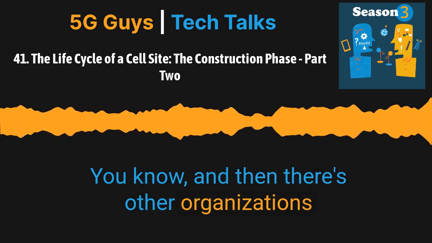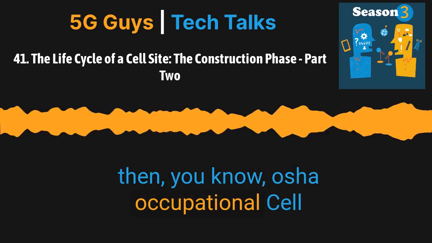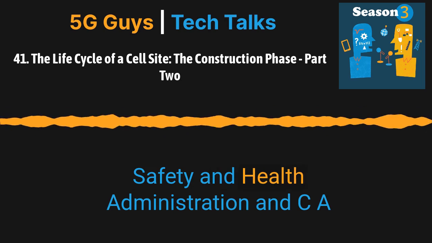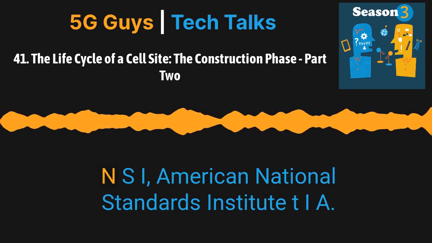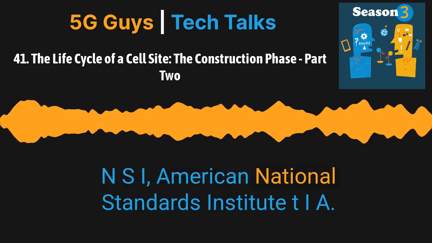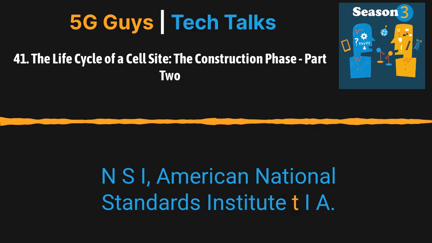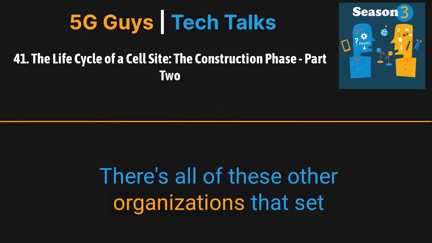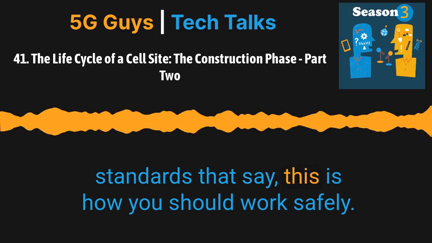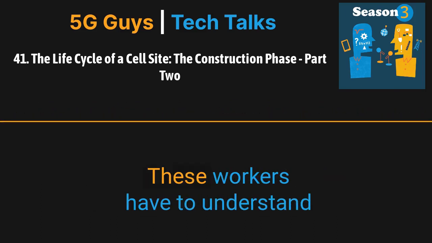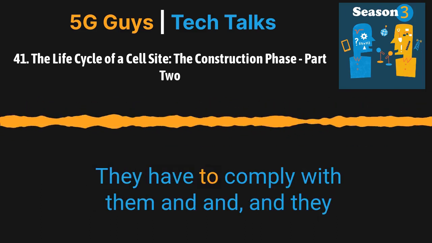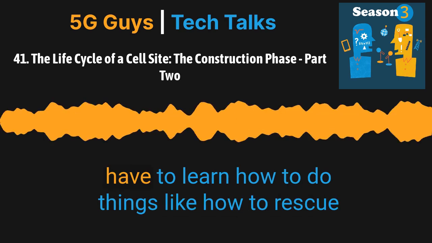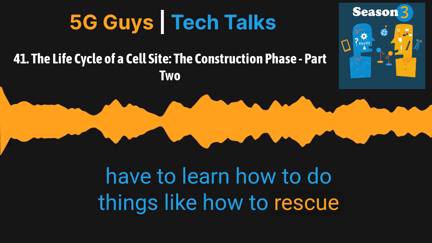Then there are other organizations: OSHA, the Occupational Safety and Health Administration, ANSI, the American National Standards Institute, and TIA. All of these organizations set standards that say this is how you should work safely. These workers have to understand those standards and comply with them.